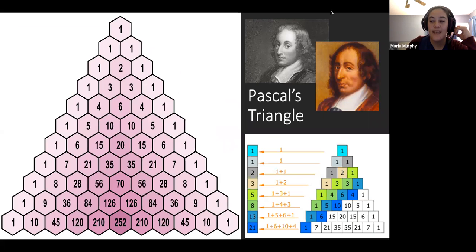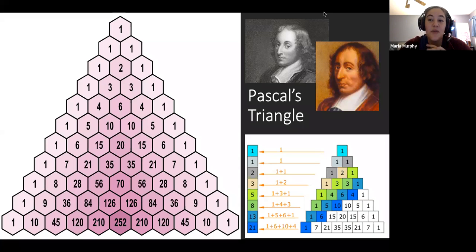So Pascal's triangle. Just a little bit, because you guys did ask me for history on Pascal, right? So it was named after, I think, Blaise Pascal in the 17th century. He was both a mathematician and a philosopher.